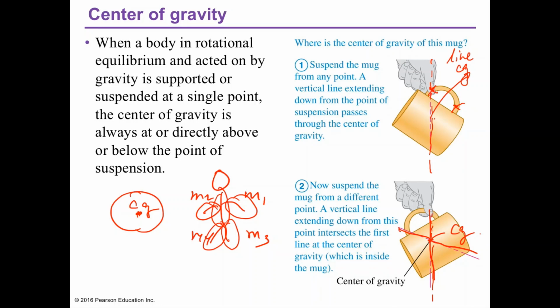So when you do this kind of suspension, this mug would be in static equilibrium, and then you know that the center of gravity must be sitting along the vertical line that goes through the point of suspension.